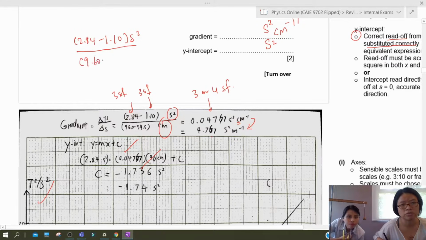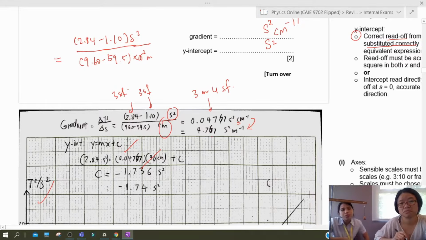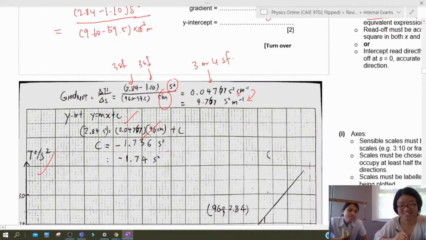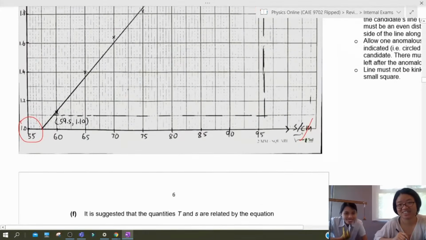This is cm, so immediately times 10 to the -2. You give the calculator your confusion. It's helpful to write the units in your gradient working itself so you don't get confused. Very good. Shall we continue?